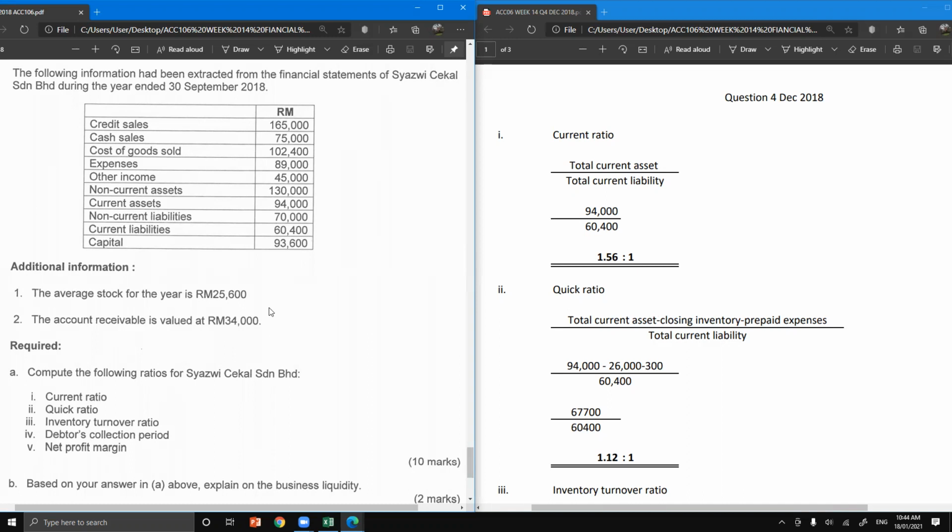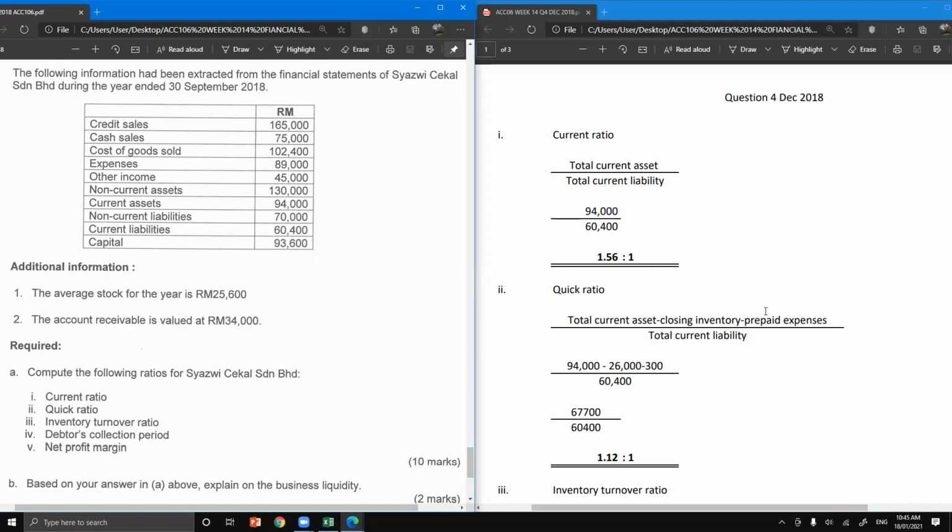So we just assume that the closing inventory is 26,000 ringgit and the prepaid expenses are equal to 300 ringgit. You cannot find the information in the question.